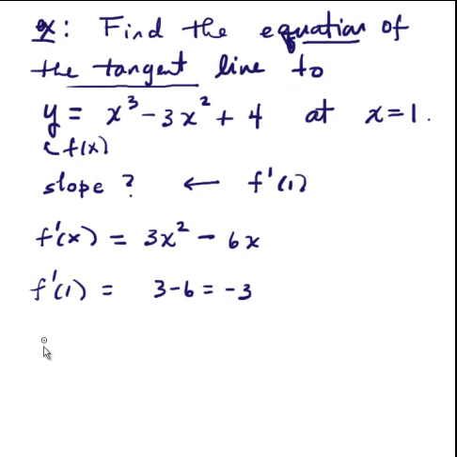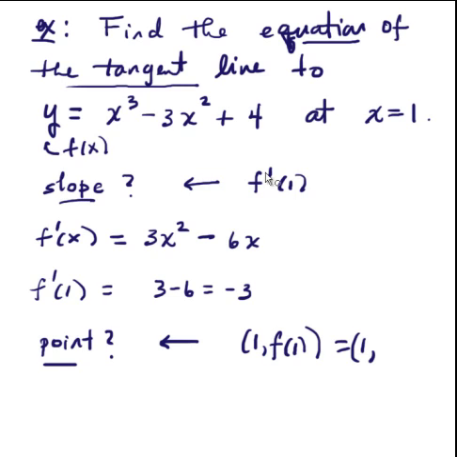All right, now we want to know, what about a point? For the equation of a line, we need a slope, and we need the point. So the point is going to be, well, we have x equal 1. Let me put 1 here. It's going to be 1, comma, f of 1. All right, so what's that? That's 1, comma, just substitute in 1 here.